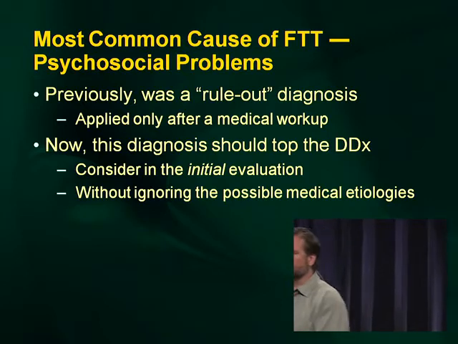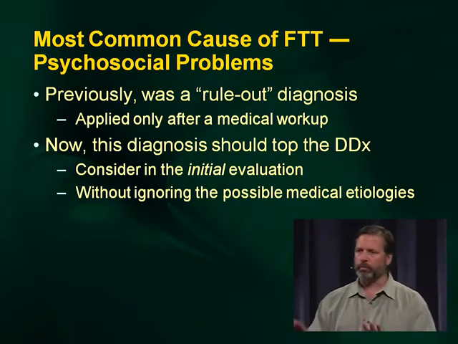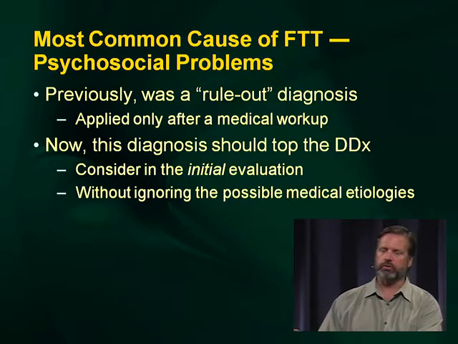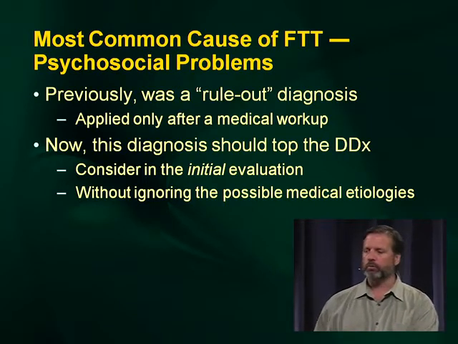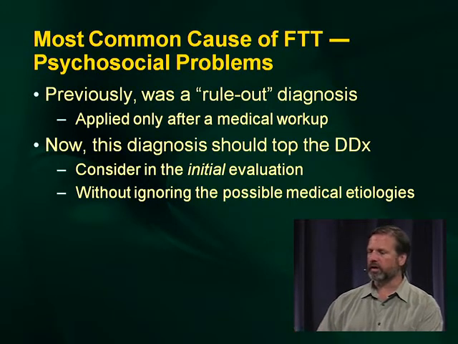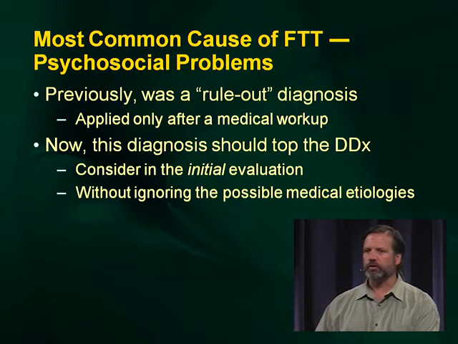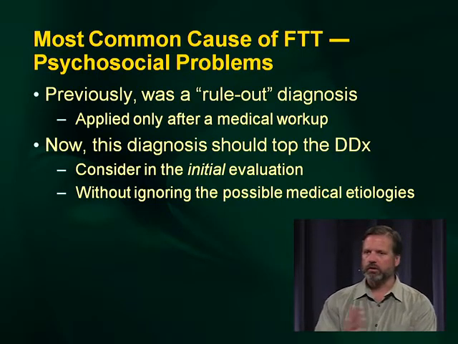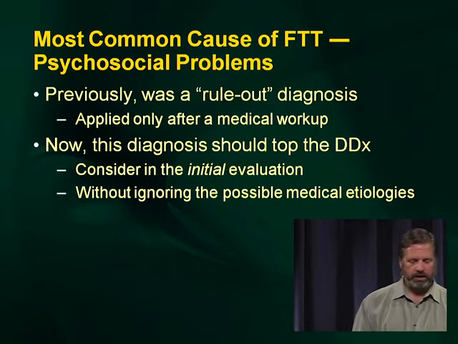But you can certainly do that workup in parallel, right? Consider the psychosocial workup along with the biological workup. Because one of the more important things about doing it that way is that when you consider the psychosocial causes from the get-go, it's not going to be a surprise to the parents when you come back to them and explain that it is indeed a psychosocial problem, rather than giving them the impression through your long list of testing that there is a biological cause.